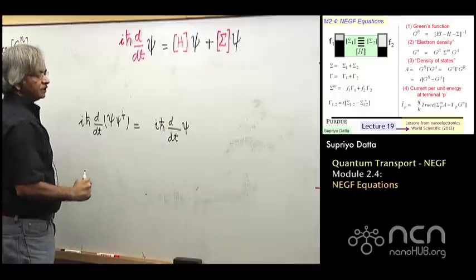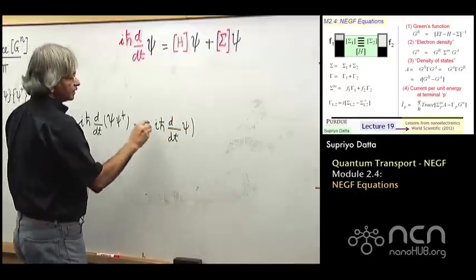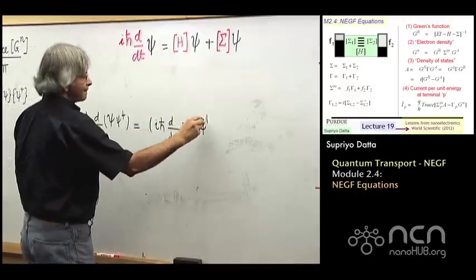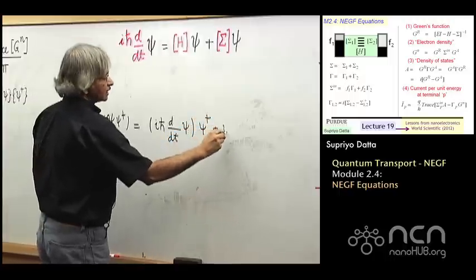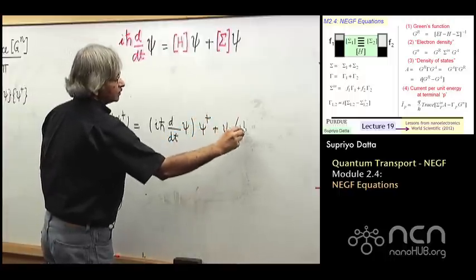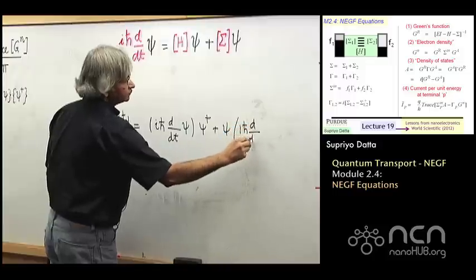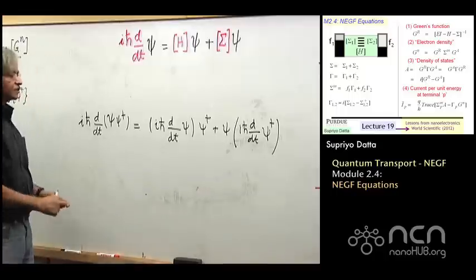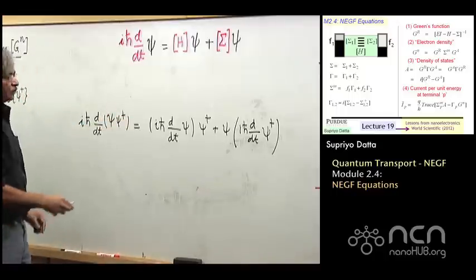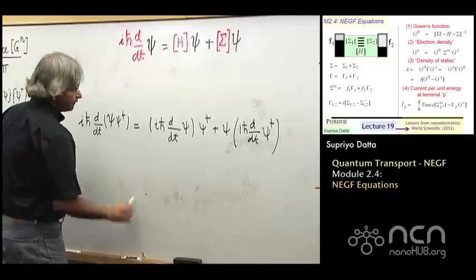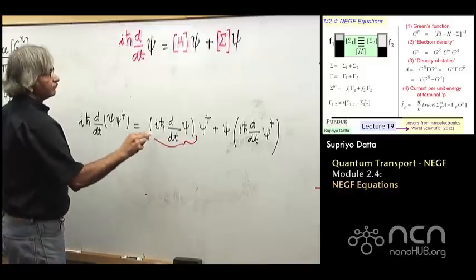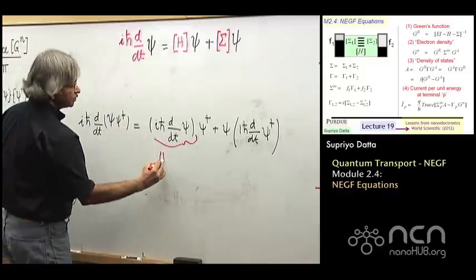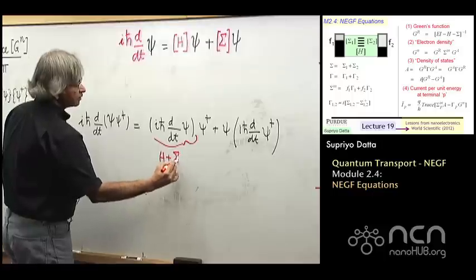This is i h bar d/dt of psi times psi dagger plus psi times i h bar d/dt of psi dagger. That's just the chain rule. So for i h bar d/dt of psi, we put in what we have there, which is H plus sigma, psi.